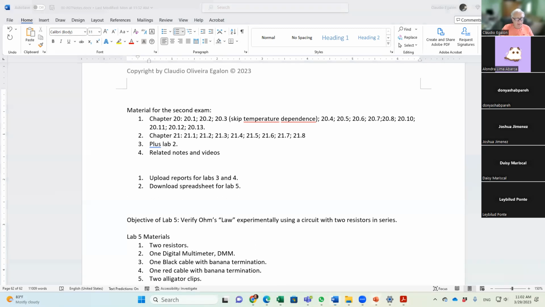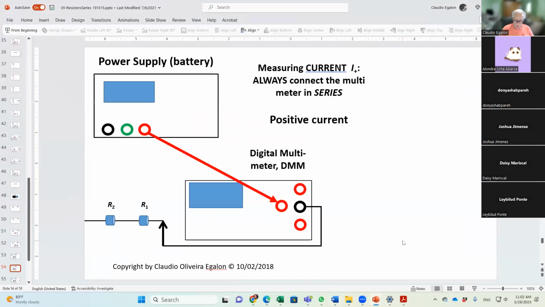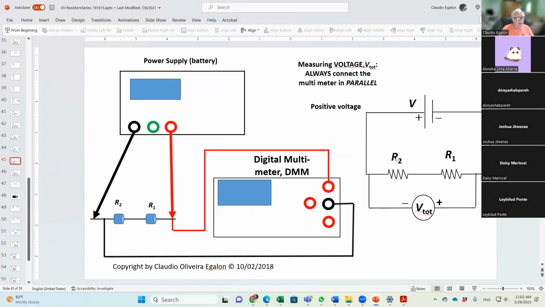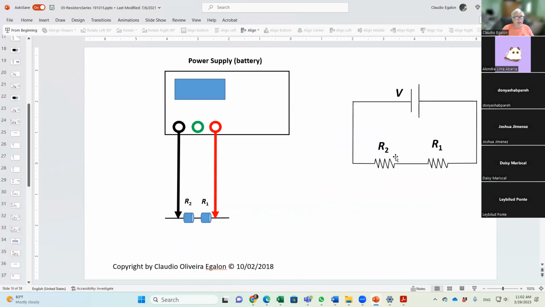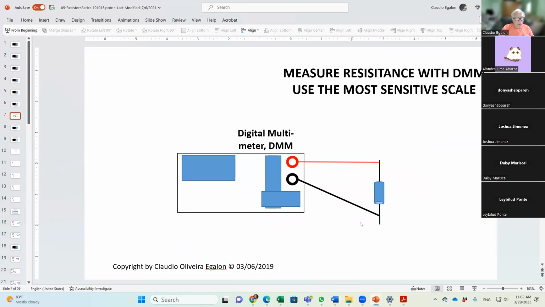What are the alligator clips used for? They are used to grab the end of the resistor, right in here. In order to grab the end of the resistor, you use an alligator clip. Those alligator clips are quite common in the labs.